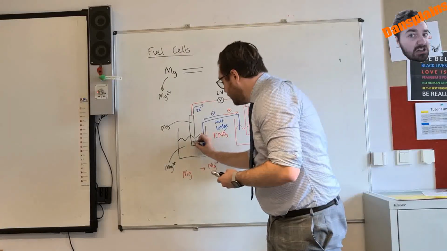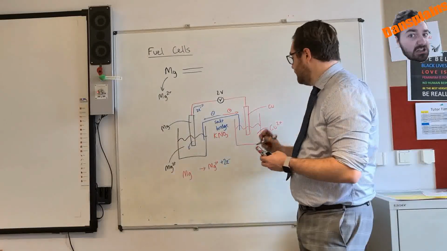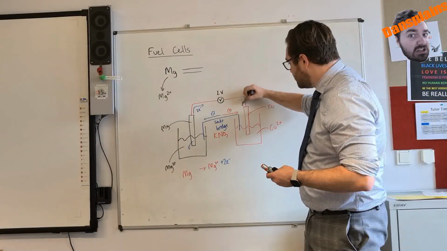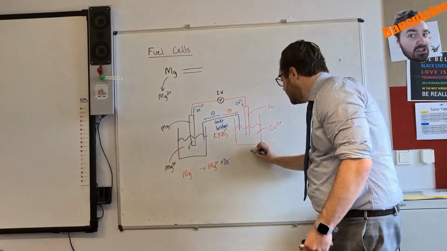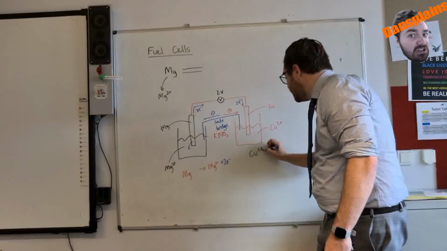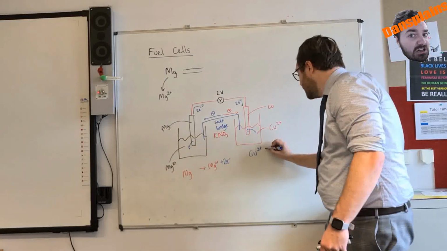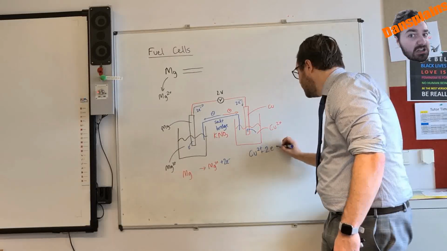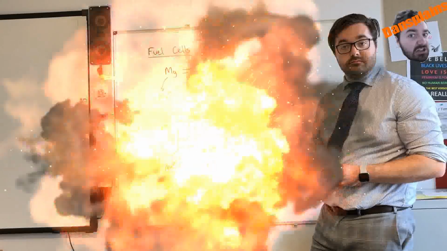The magnesium would therefore move from the Mg solid into the solution. On the other side, those electrons are added. So I have Cu2+ combining with the 2 electrons, plus 2e-, to make it copper solid.